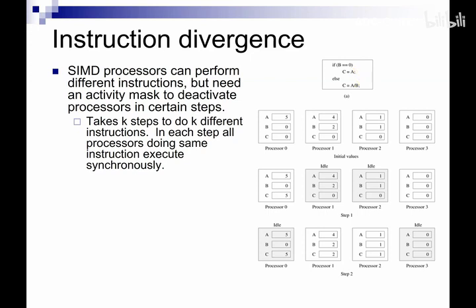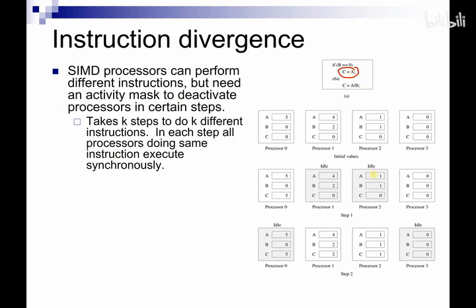For the 4 processors, the first processor and the fourth processor are going to satisfy the b equals 0 condition. So on the first time step, both of them get to do this c equals a instruction. However, the other 2 processors, P1 and P2, since their b is not equal to 0, are not going to do the c equals a instruction.